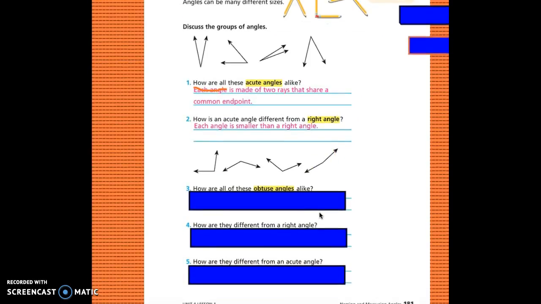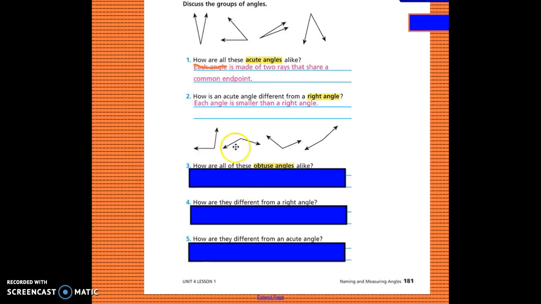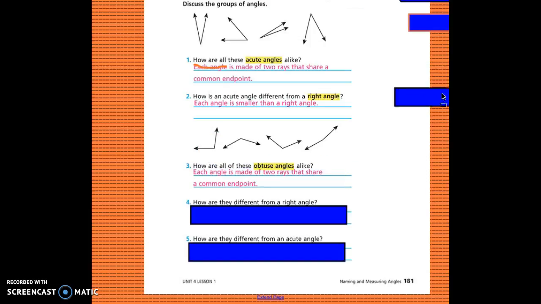All right, if I scroll down and I look at these angles, these are all obtuse angles. Again, how are they all alike? Well, they're all created by rays. These are lines that continue to go on, and they all have a common endpoint or vertex right in the middle. That's how they're alike. How are they different from a right angle?